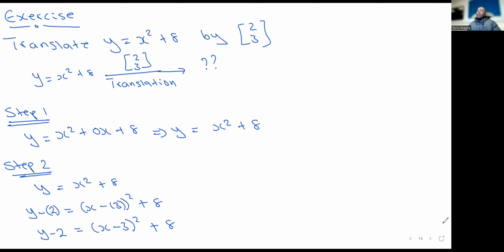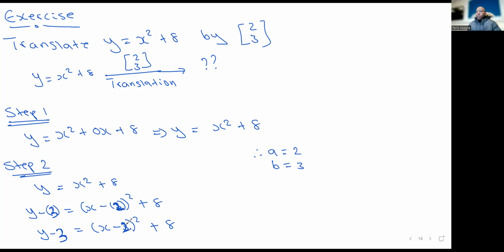What we have here, we have y minus 2. Sorry, it's y minus 3 because the a here, it's a mistake. So a here is 2 and b here is 3. So it's going to be y minus 3. And this is y minus 3. And this is going to be x minus 2.